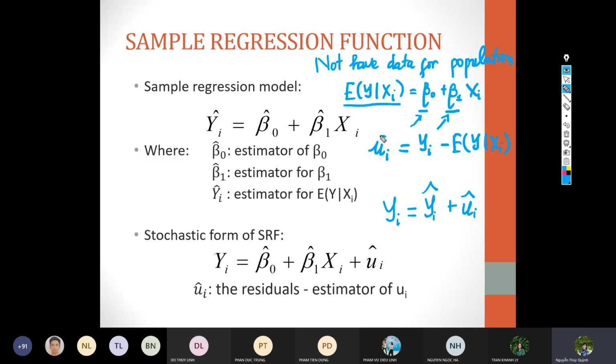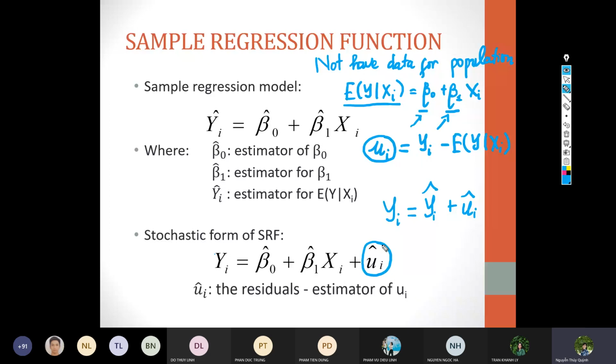That's why you cannot identify the exact value of ui as well. So we know that for each observation there is an error, a disturbance, but we do not know the exact value of the disturbance. And that's why we also have to estimate the disturbance ui. And the estimator of ui is this one, the residuals.